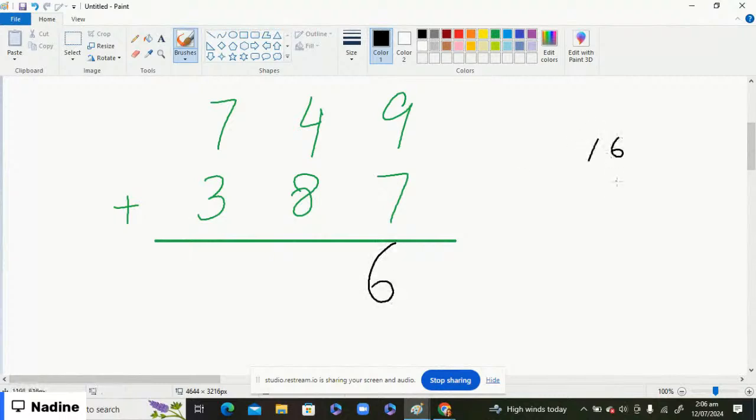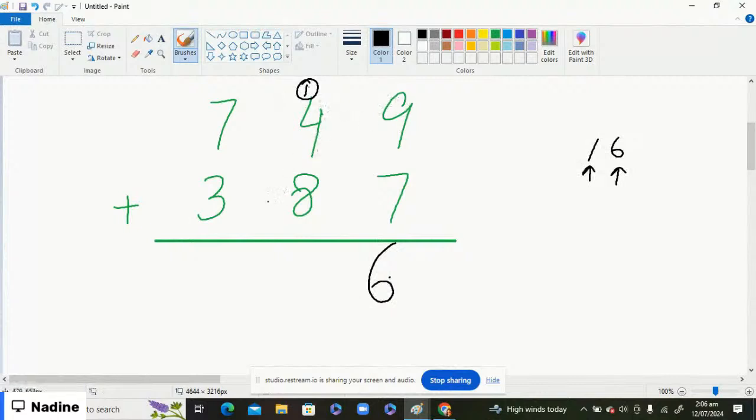Look at here, the number 16. You are going to put the right side digit down and move the left side digit up as a carry. So 6 is moving down here and 1 goes up as a carry. Now add this 1 with this 4 and that 8.